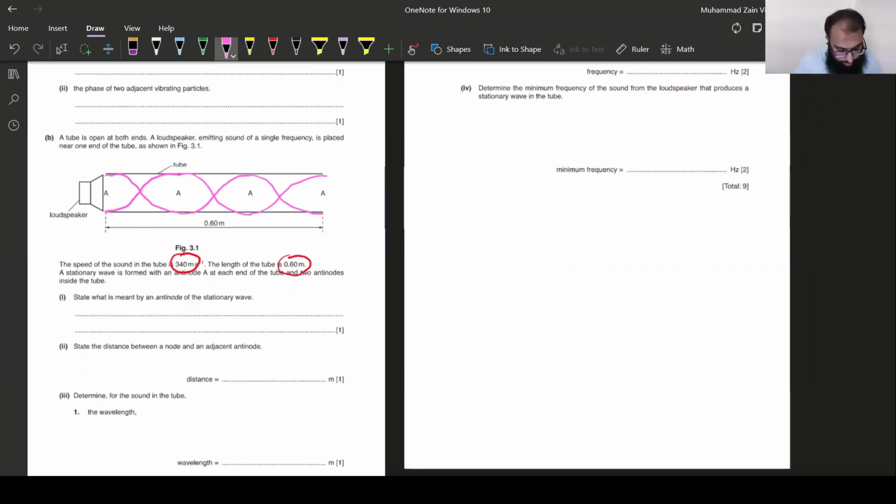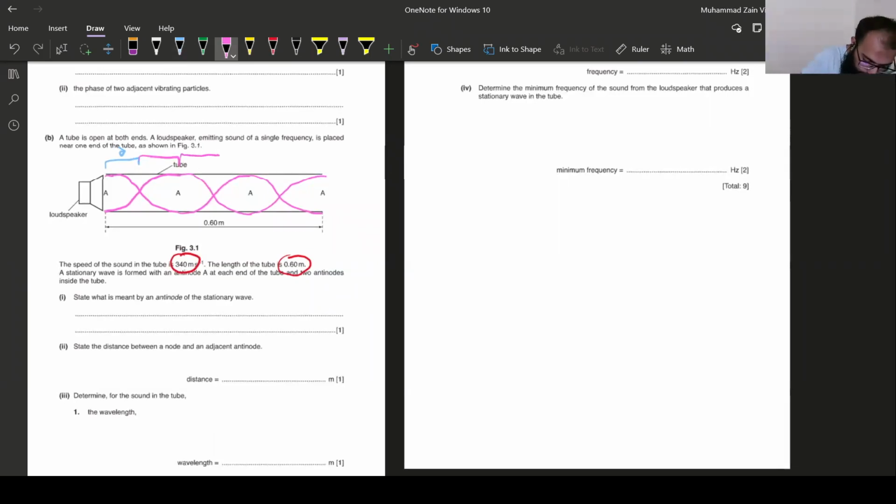Now state the distance between a node and an adjacent antinode. So I know that the distance between a node and an adjacent antinode would be this. This would be my distance d. And I also know the total length of this tube is 0.6 meters. How many such distances would there be inside the tube?